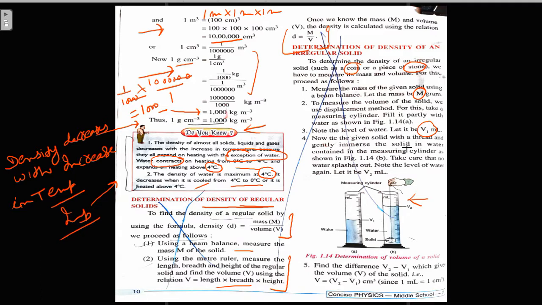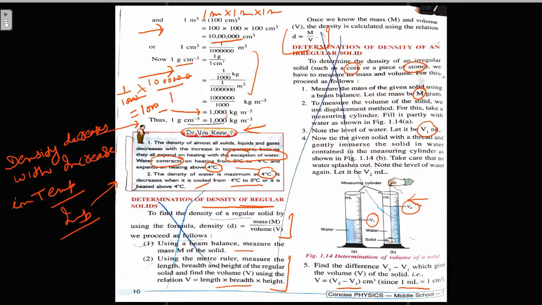Now for volume, first measure V1, then measure V2, and their difference would give us the volume of the solid. V equals V2 minus V1 centimeter cube.